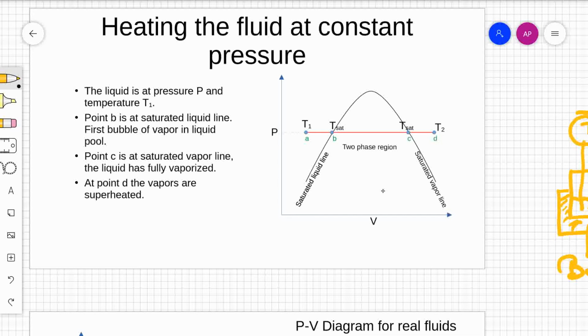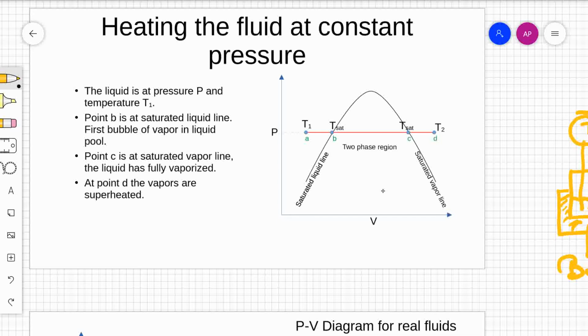Now the temperature at the start of boiling is Tsat, and the temperature at the end of boiling is also Tsat. As we can observe, if the pressure is held constant, the boiling point, that is Tsat, is constant.